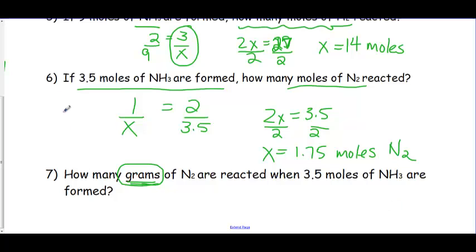So this is actually going to use the answer from number 6, because we're talking about 3.5 moles, and we're also talking about N2. So using this information, if we know we have 1.75 moles needed for N2, we need to find grams. So let's use our equation.